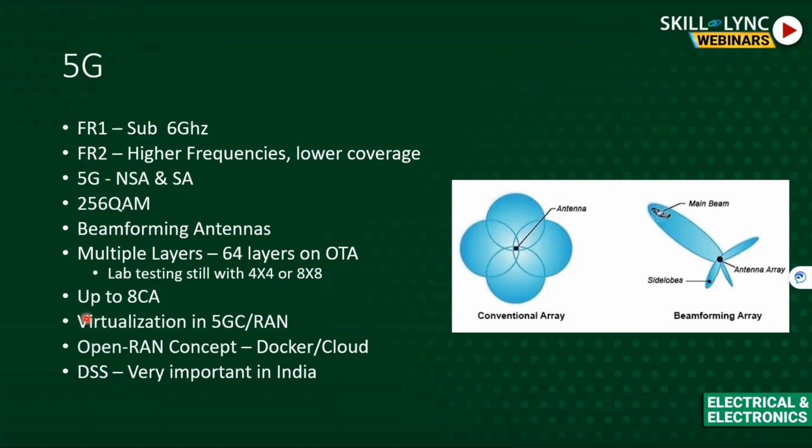Okay. But now with FR1, we have about 100 megahertz, which has 273 PRBs, and FR2, we have 400 megahertz. Okay. So 400 megahertz, if you combine carrier aggregation, that's going to be a lot of throughput.